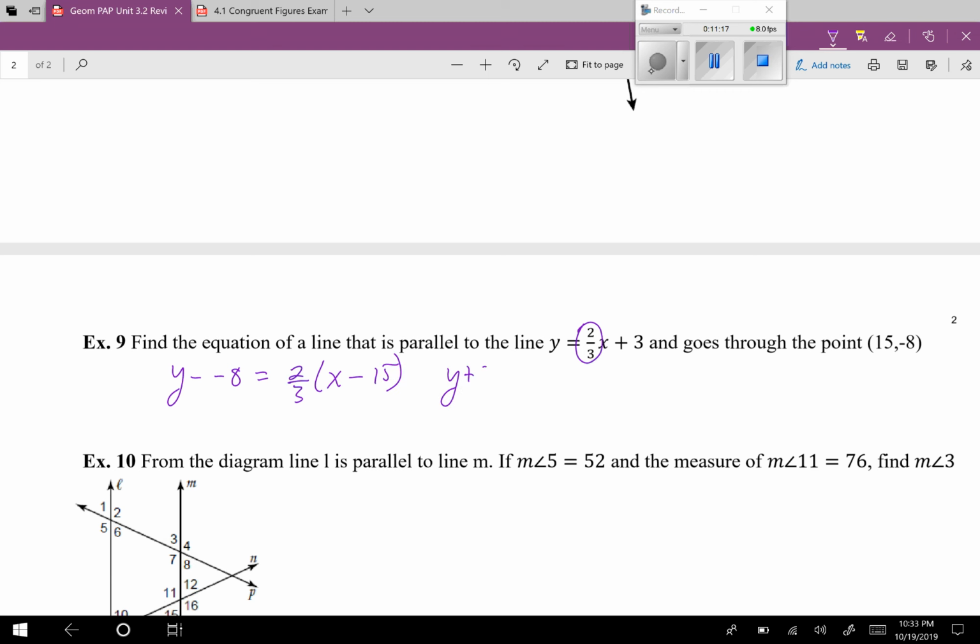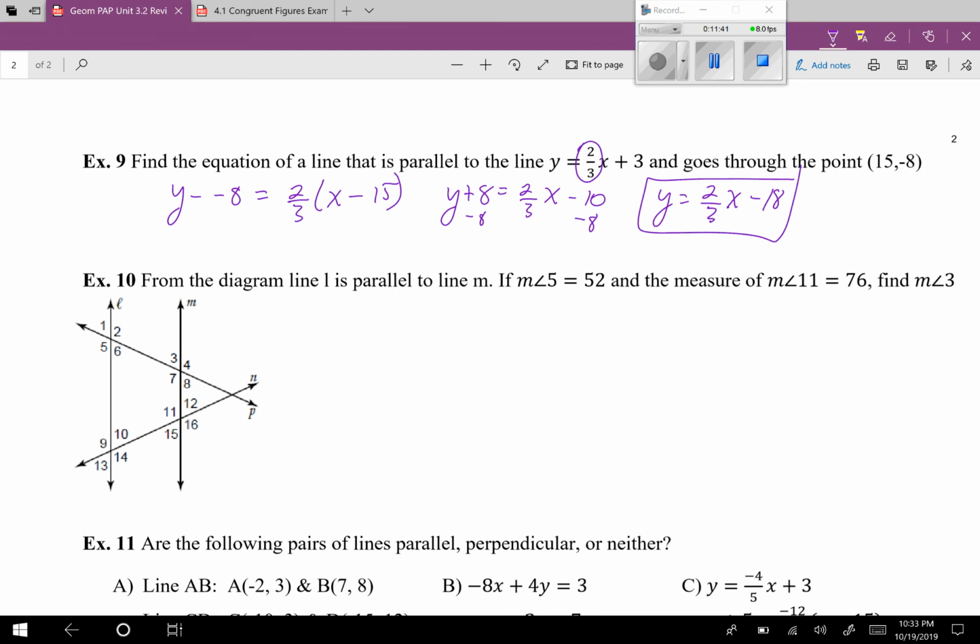So y plus 8 equals 2/3 x minus 10. Okay, and then now all we have to do is take away 8 from both sides. So y equals 2/3 x minus 18.